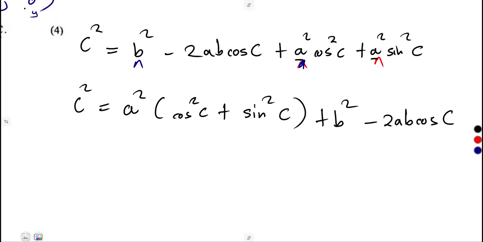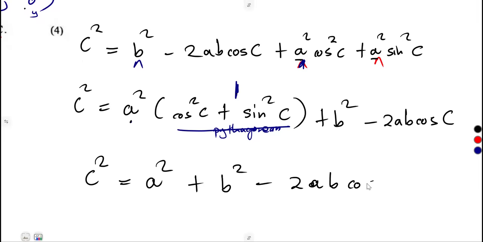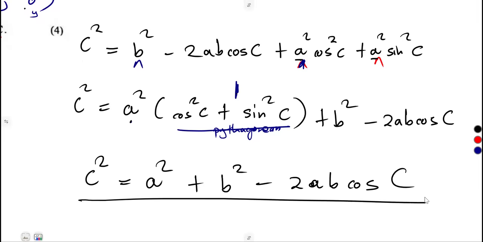From our identities, we can see that we've got a Pythagorean identity there, which tells us that cos squared plus sine squared is 1. So 1 times A squared, that's A squared. So C squared is going to be A squared times 1, that's A squared. This part remains as it is. It is not affected by anything. So that is what we were going to have at the end.